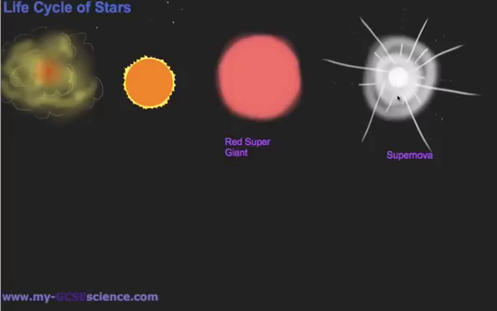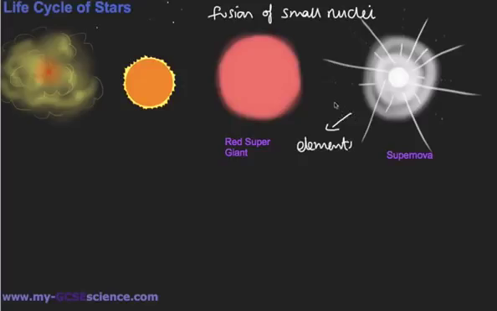Now, a supernova is quite an important event because it actually scatters the elements that were produced in the star throughout the universe. So all the elements that are produced from the fusion of the small nuclei are scattered throughout the universe.